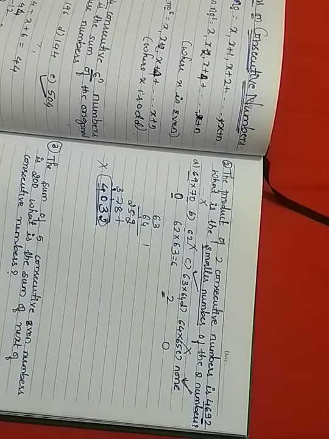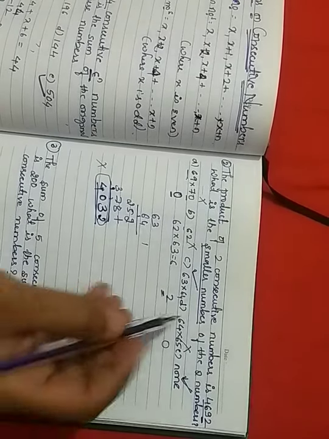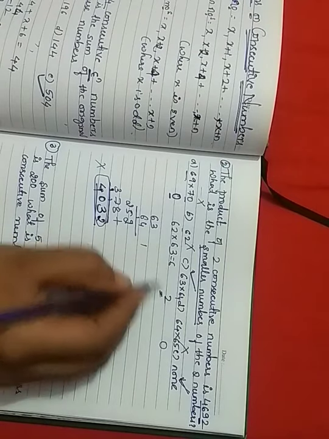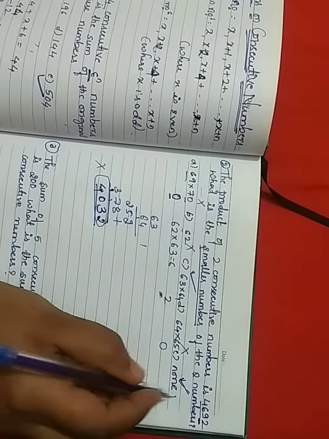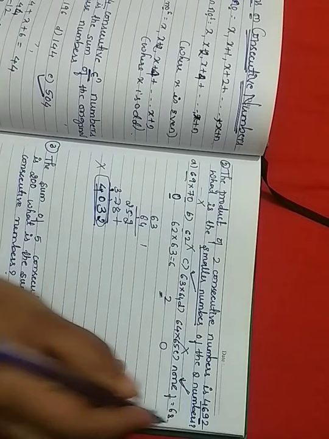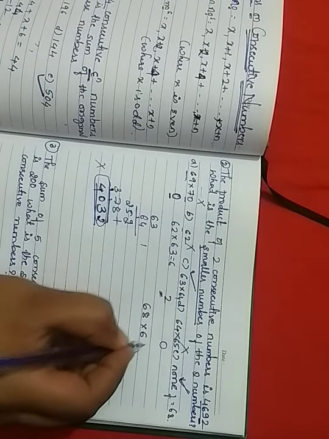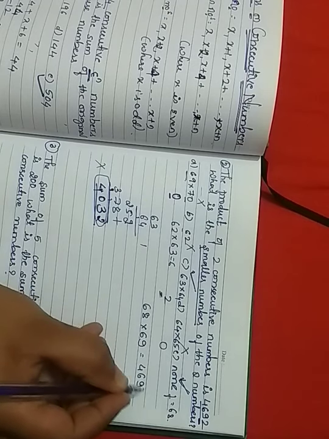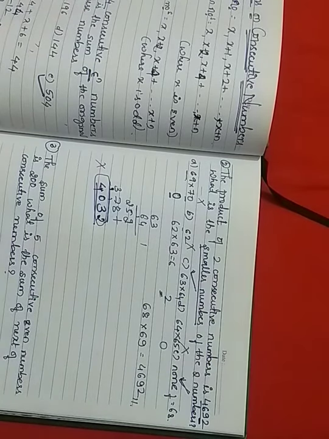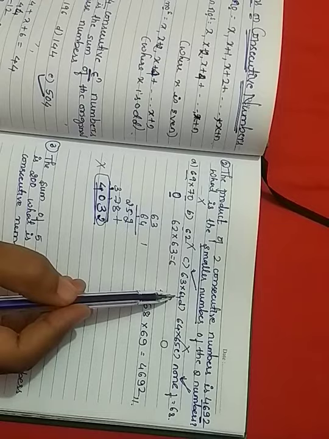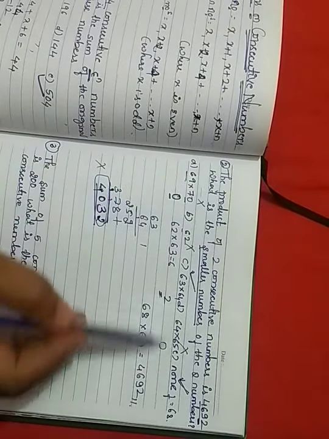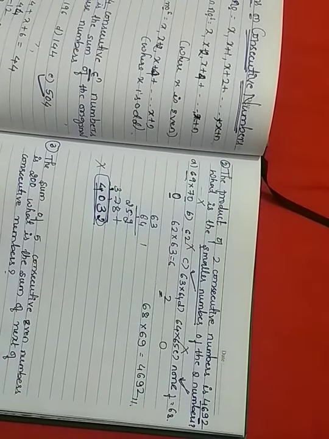Getting? If another option, for example, if option E is 68, 68 into 69 gives you 4692. So just by checking the unit place, you can eliminate the wrong answers, but you cannot tick the right answer just by checking.